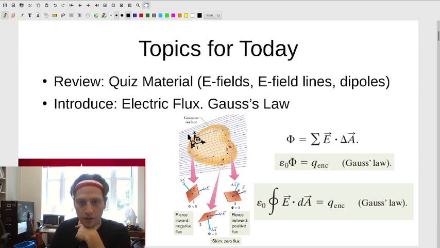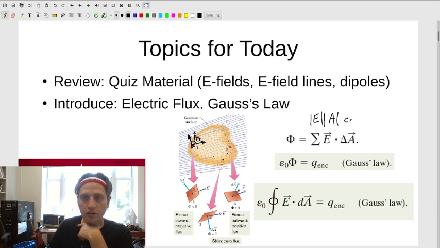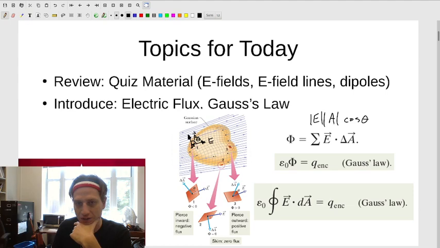It would have to be proportional to the size of E times the size of A times the cosine of the angle between the two. Essentially you're going to add up all the little fluxes from your surface and relate that to the charge that is enclosed inside of that surface.